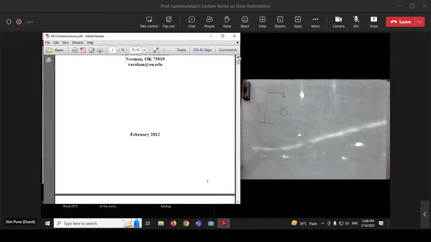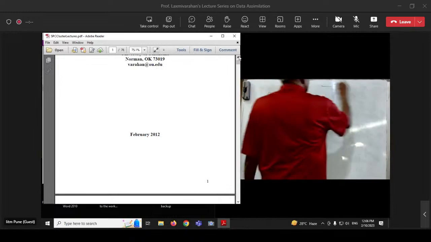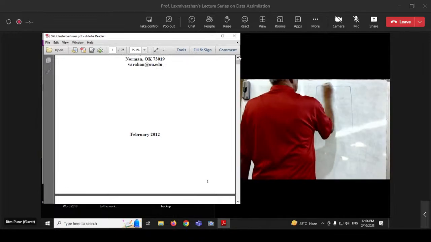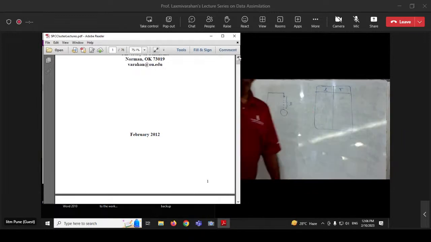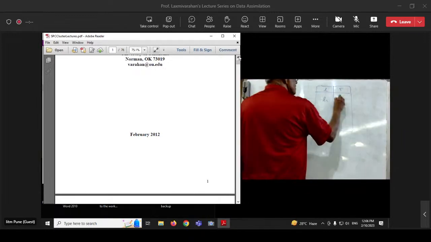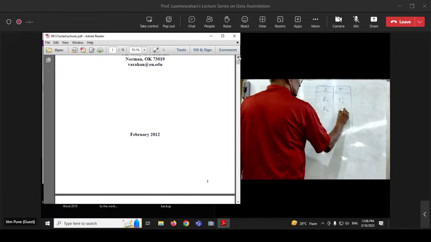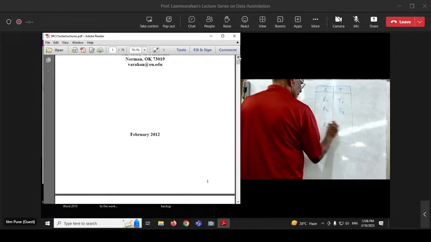You pull it. So you decide the length. And then you have a stopwatch. You let it go 10 times. You time it. So for a given length, you are going to get a table: L1, T1, L2, T2, LM, TM.